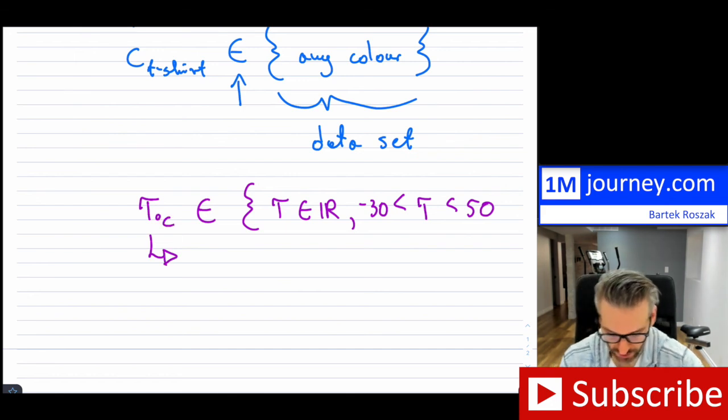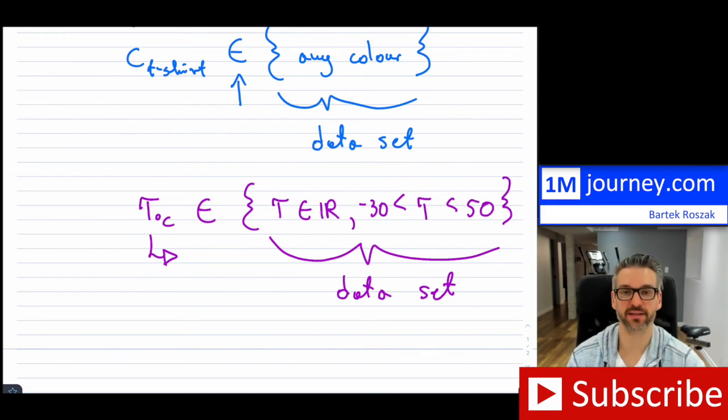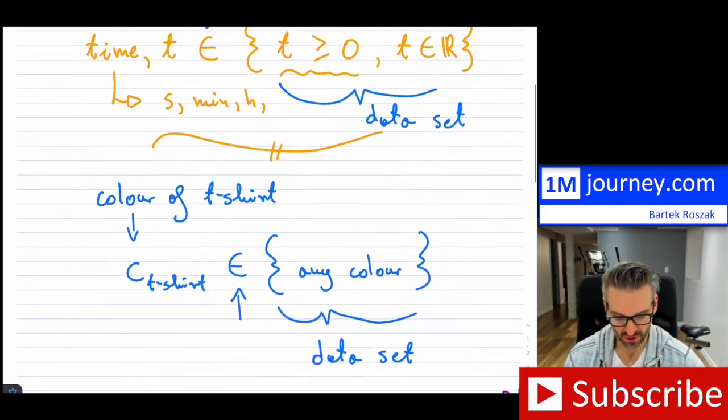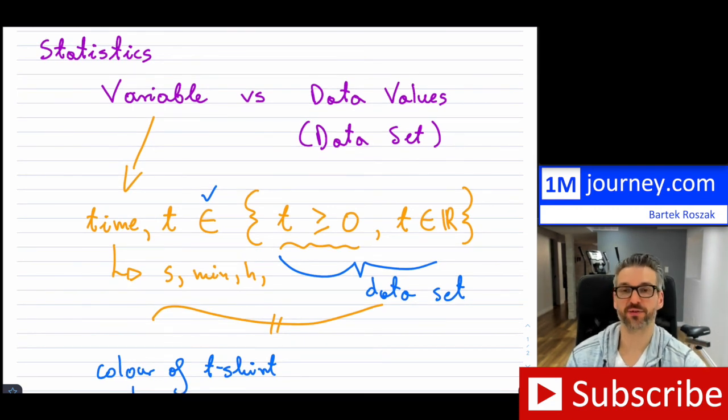Maybe I'm referring to degrees Celsius. If you're talking about degrees Fahrenheit or Kelvin, it might be different. But this is how you are creating a data set, and your data values are within that particular set. So I hope this gives you a sense of the differences between variables and the data values or data sets that you might take on.